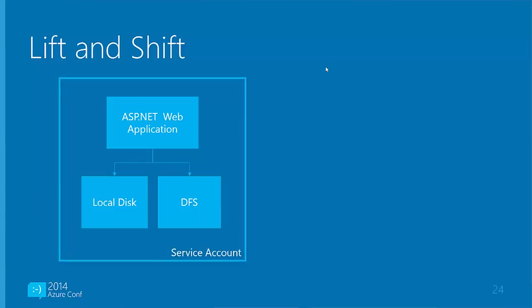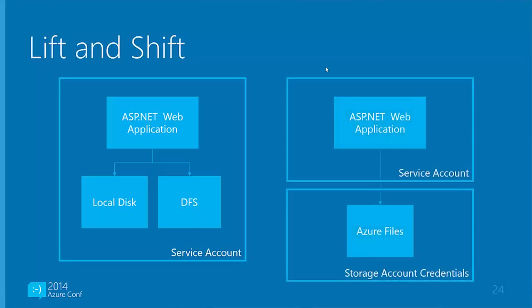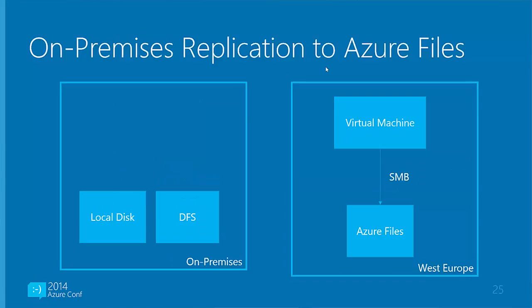So what we did is in a lift and shift scenario, we set up the ASP.NET application in our VM and have it point to the Azure file share using the storage account credentials.